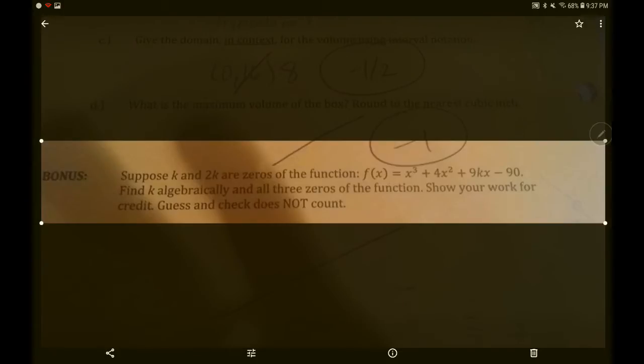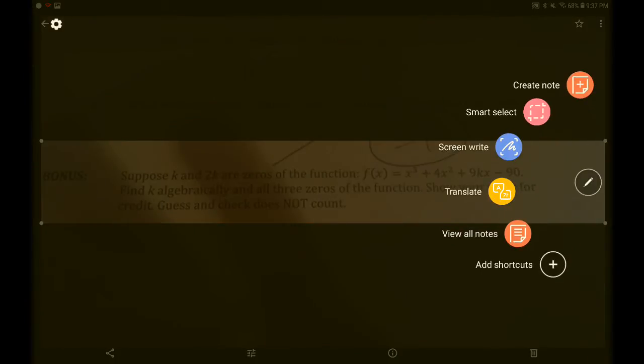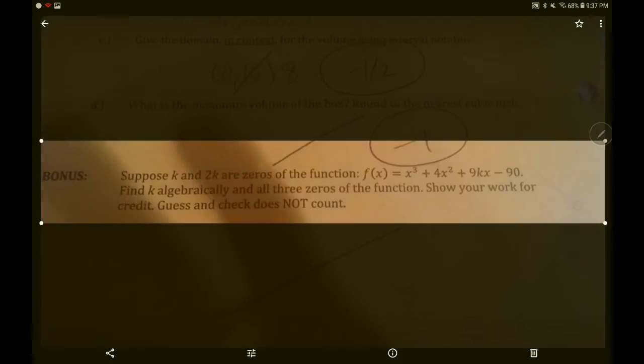Okay, so we have that bonus problem to work on algebraically without guessing.